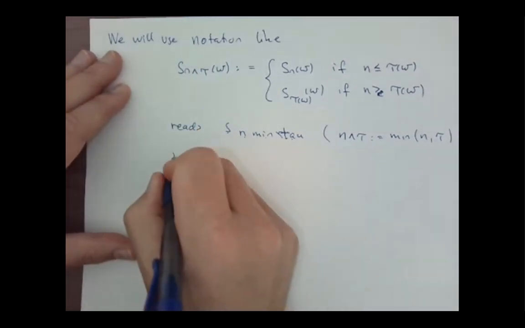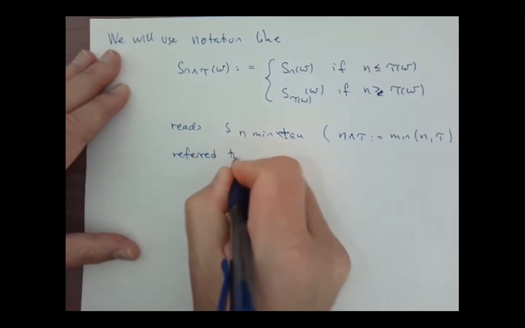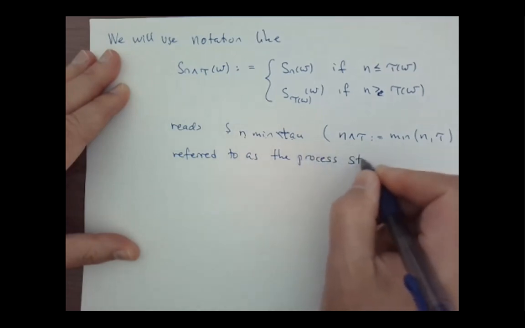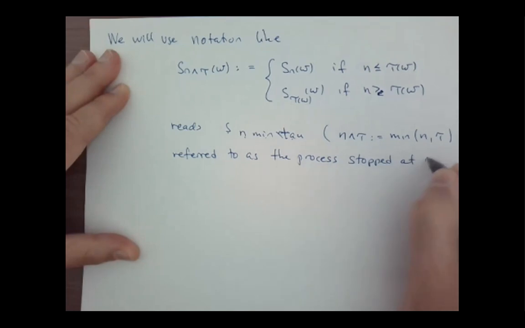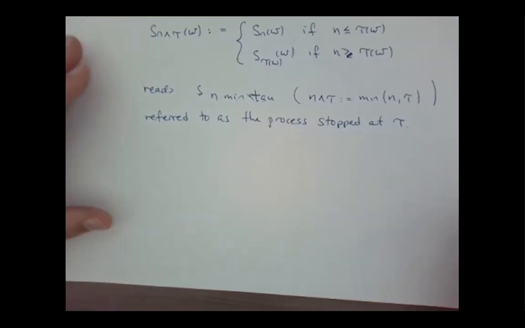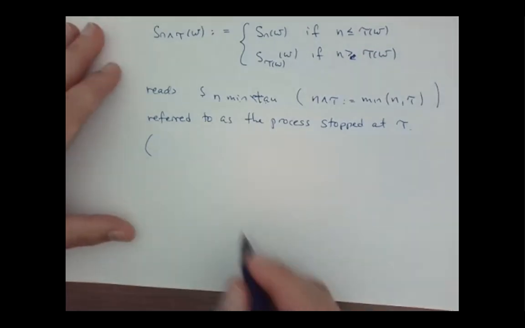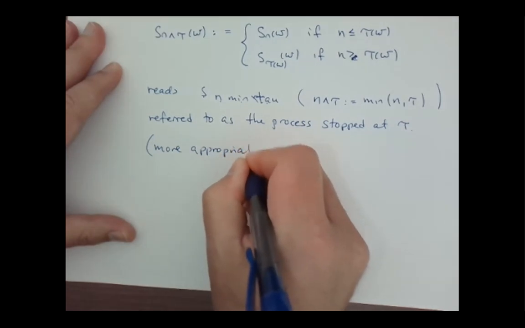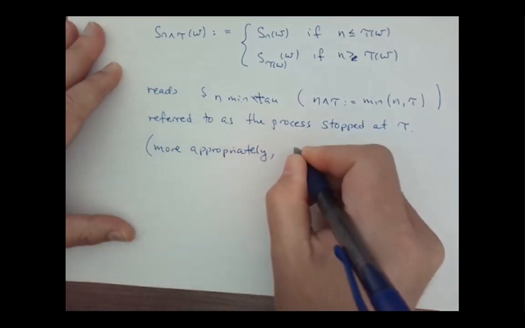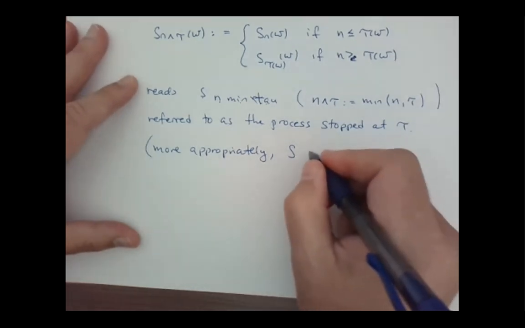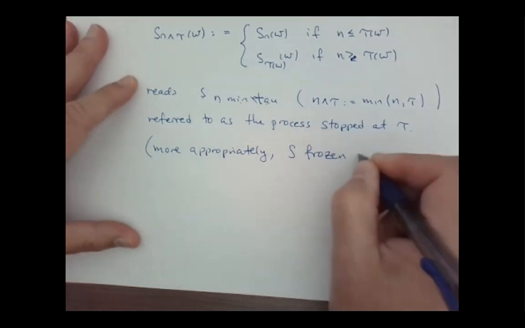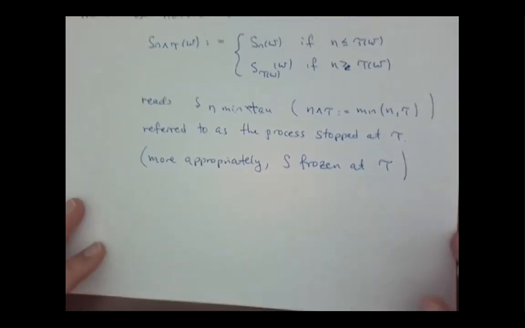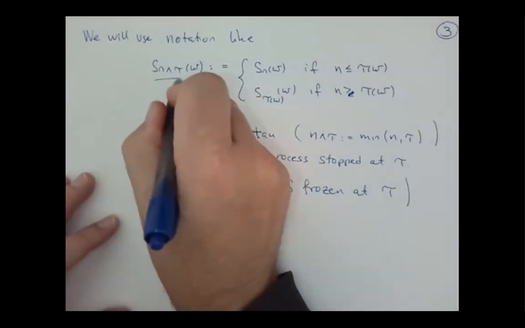And it's referred to as the process stopped at tau. What it really should be called, so it would be more appropriate, is S frozen at tau. So you'll see this symbol quite a bit.